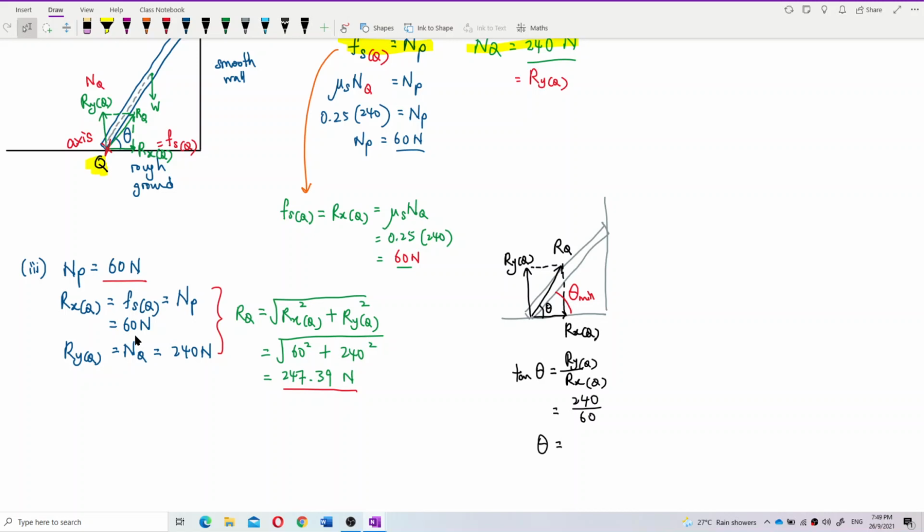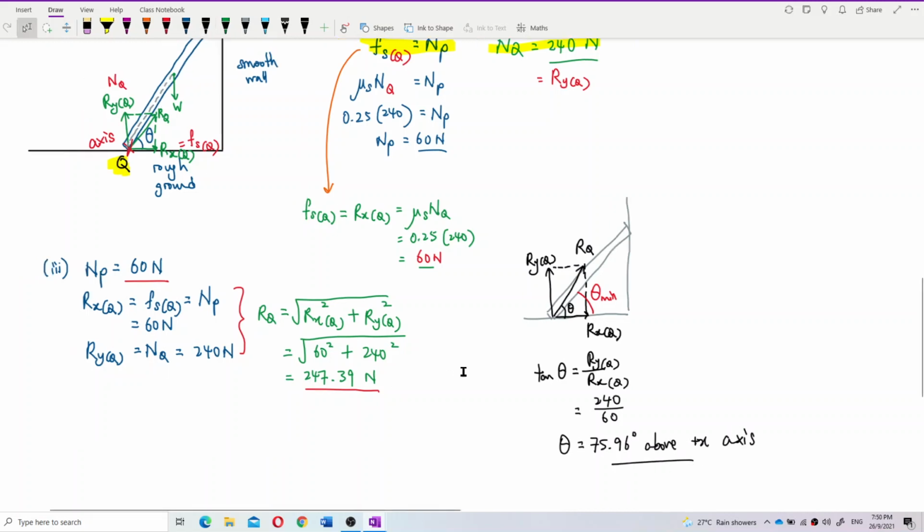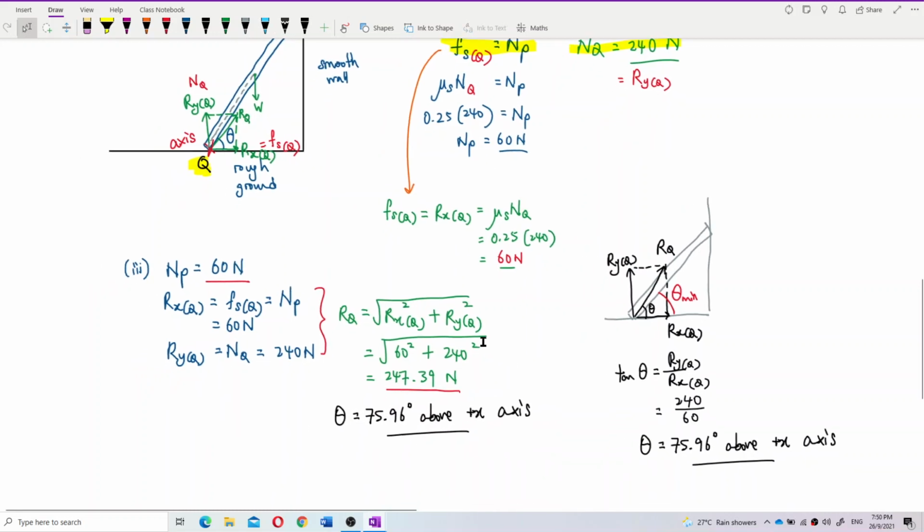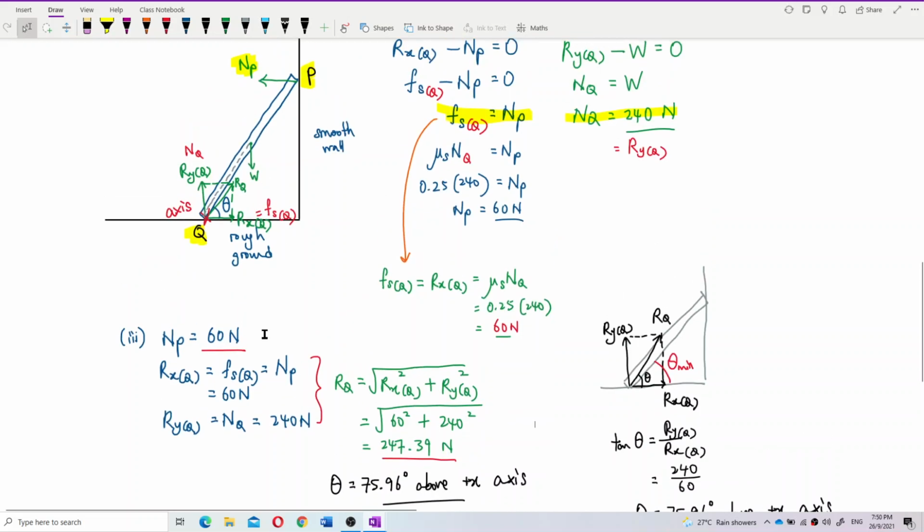So the answer is 75.96 degree above the positive x-axis. So this is the direction for RQ, and then the direction for NP also you need to mention there.